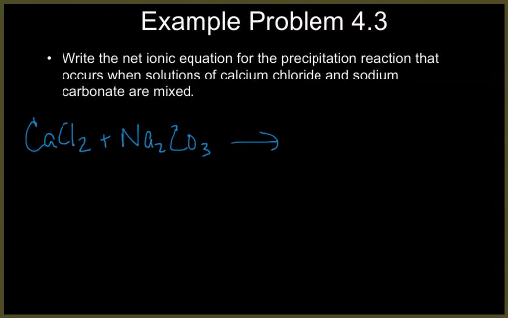Just like before, they're exchanging ions, so I end up with calcium carbonate and sodium chloride. Then we balance it, just like we've always done, so I need a 2 for that sodium chloride. Okay, so this is our molecular equation.